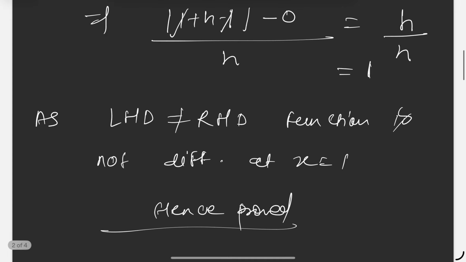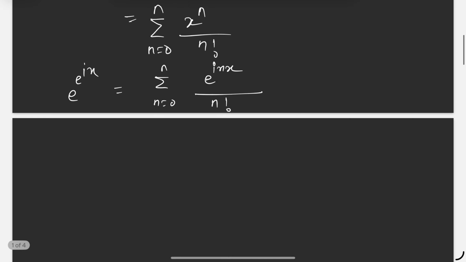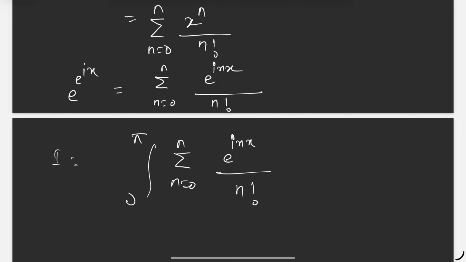I'll substitute the value here. So this value we need to find. So integration I is equals to integration 0 to pi sigma n equals 0 to n, e power iota nx divided by n factorial, because this integration only I need to find from 0 to pi. Now let's do the integration of this.